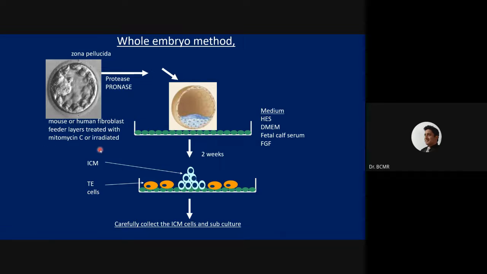Feeder layers are treated with mitomycin C to prevent them from dividing any further. They serve the purpose of producing several biochemicals that might be useful for the survival of the cells that might arise from the blastocyst. They also provide sites of attachment.